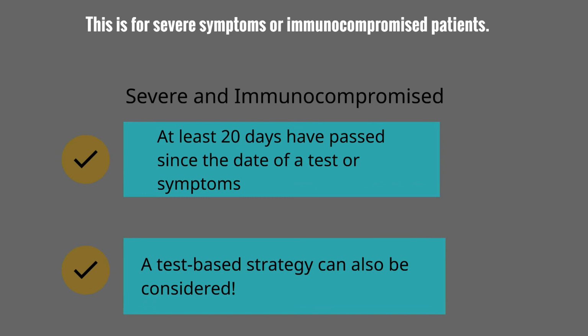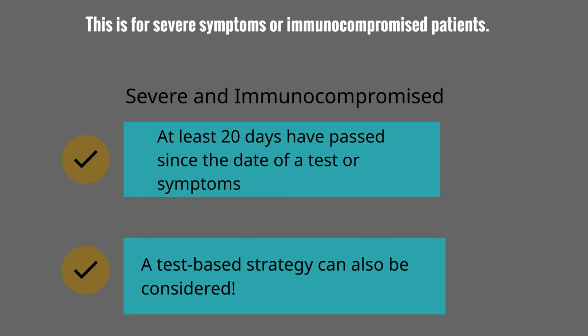Now, for severe or immunocompromised patients, this has recently changed as well. Instead of 10 days, so everything's the same, but we now need you to have 20 days have passed since the date of your test or symptoms. And this is so it's protecting you so you don't go out into the community and possibly get it again, because you're immunocompromised.